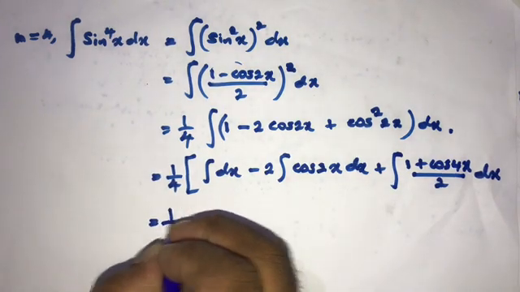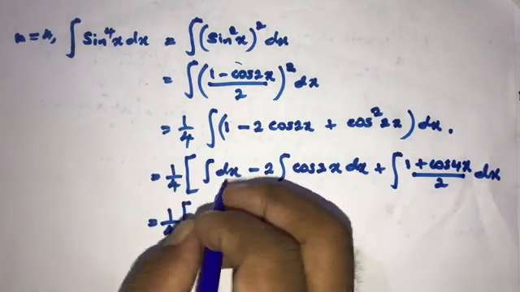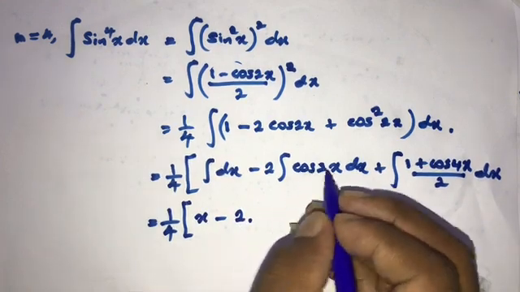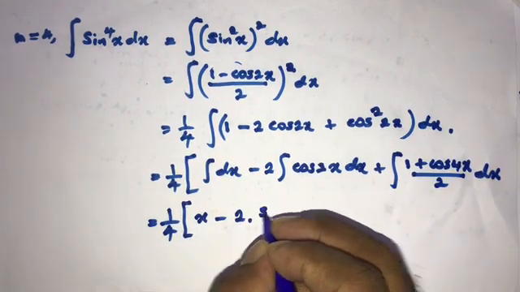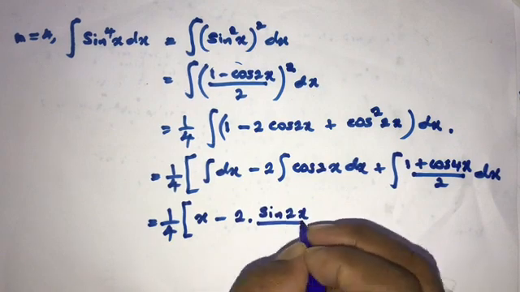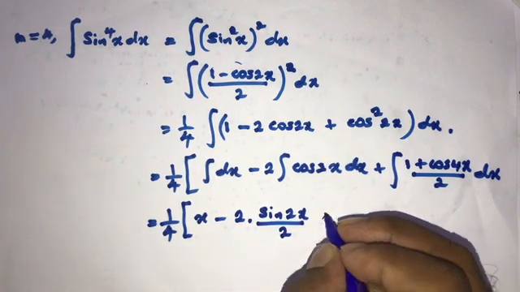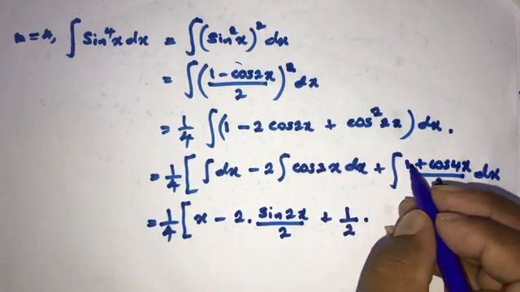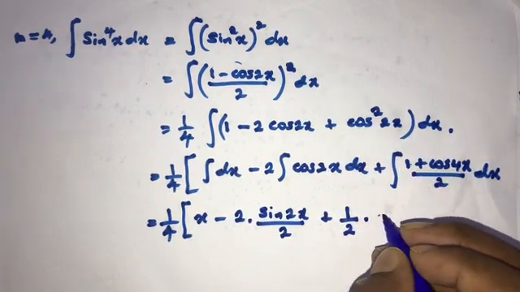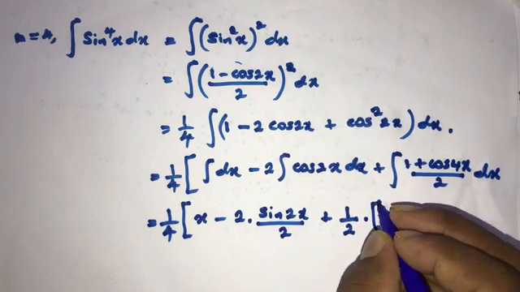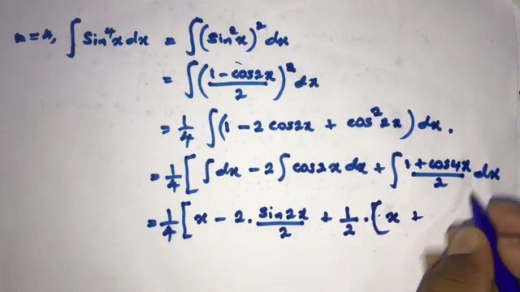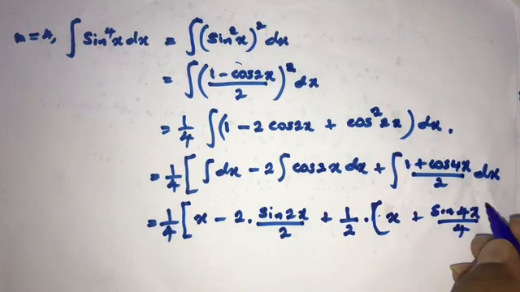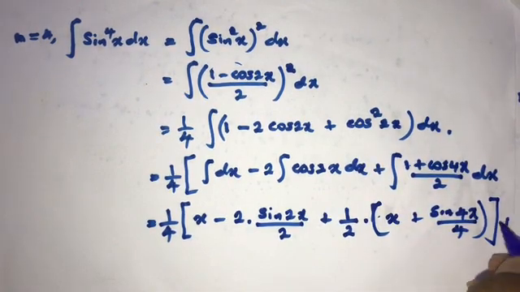So we can write the integral of dx, so x, minus 2 times, since the integral of cosine of 2x is sine of 2x over 2, plus now 1 over 2 times the integral of 1 dx, so x, plus sine of 4x over 4, plus c.